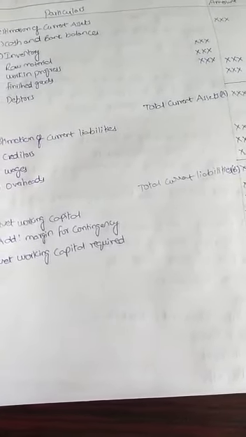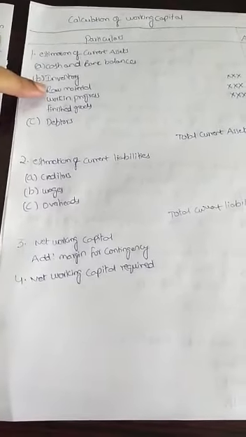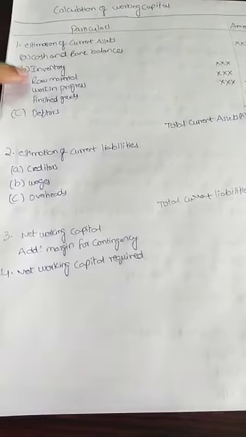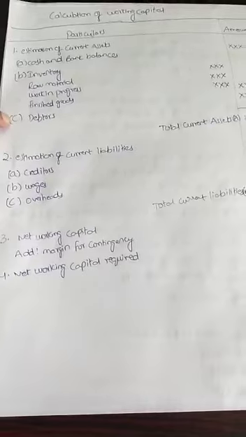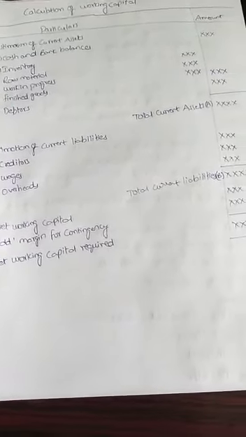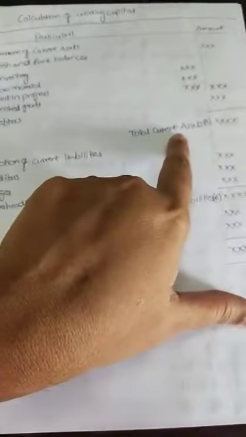And you are going to have the inventory. Inventory comprises of three parts: raw material, work in progress, finished goods. All these together are called as the inventory. It's one of your current asset. And debtors. Debtors are one more component of your current assets. So, all these together are called as your total current assets.